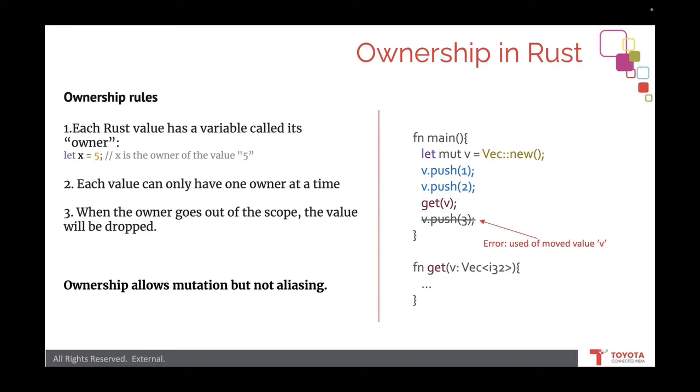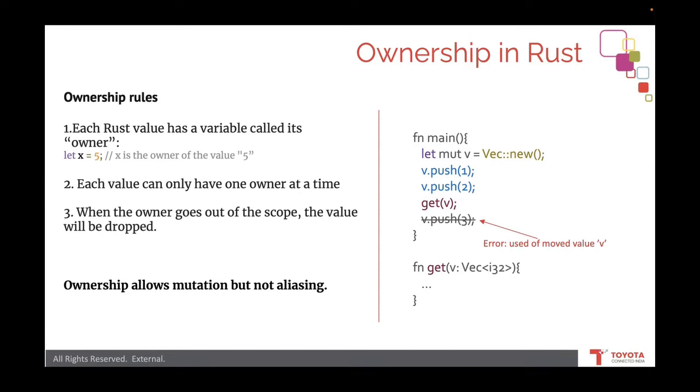On the right side, you can see in the example that we create a vector and push the data 1 and 2, and when we call the get method, we are actually transferring the ownership to the function. So when we try to push the data in the main function, the Rust compiler will give an error that it is already moved to the function. That's why it gives the error at compile time.